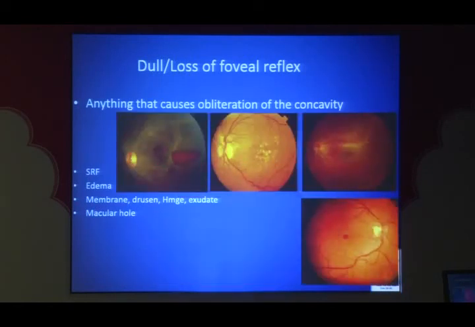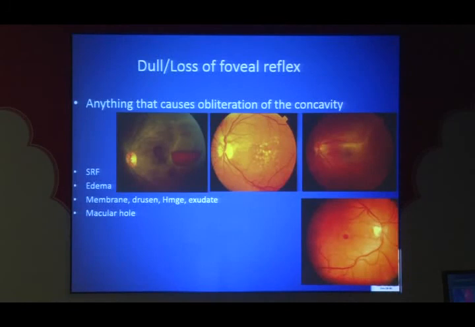The point is, I'm not going to dwell upon any of these. The conditions that I'm going to show you over the next 5 minutes or so, you have enough time. You can go at your own speed. What I'm going to focus on is some conditions in which the only clinical thing that you see is a blurred foveal reflex, which is an isolated finding, and the rest of the fundus almost looks normal.